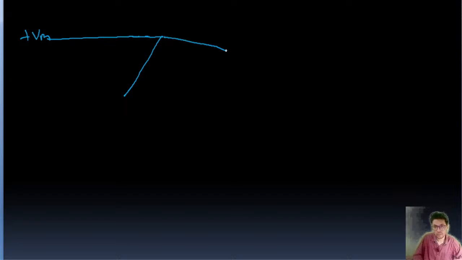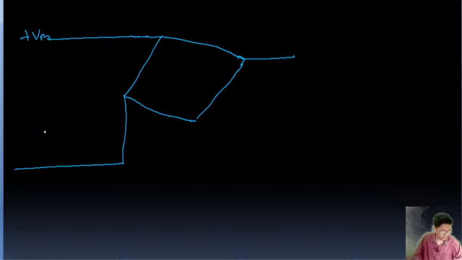Okay, PIV. So this is going to be like this, plus Vm, minus Vm.